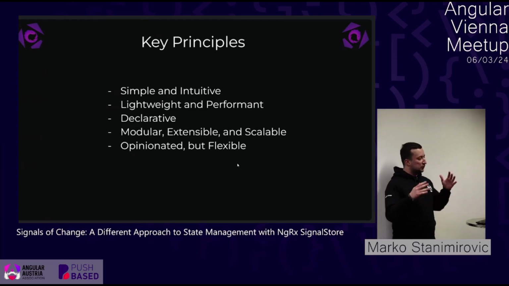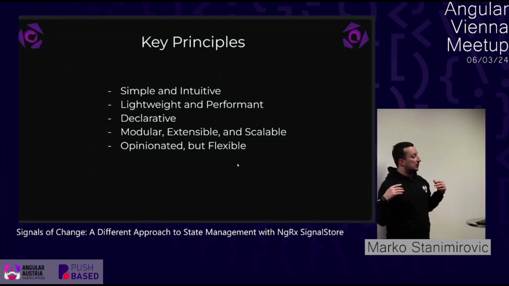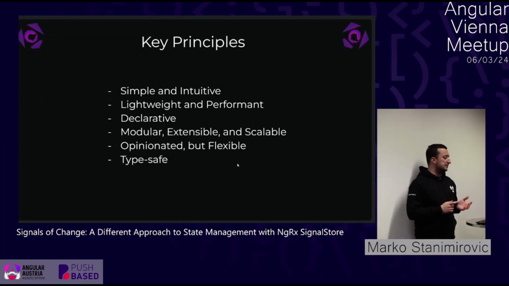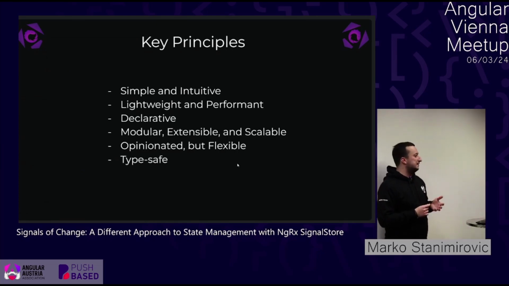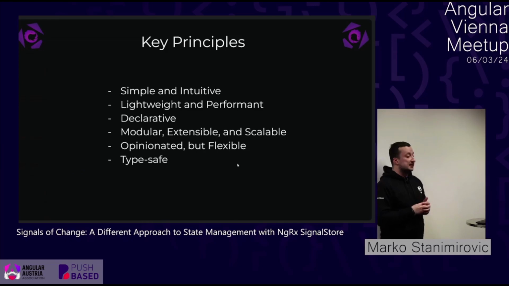So with SignalStore, through the APIs, we try to provide some guidance on how state management logic should be defined, but at the same time, we try to provide flexible and customizable APIs. And yeah, SignalStore is also type safe. Of course, it's made with TypeScript, but in addition to that, it has some additional type checks that can help us to prevent potential bugs in the early phase at compile time instead of runtime.